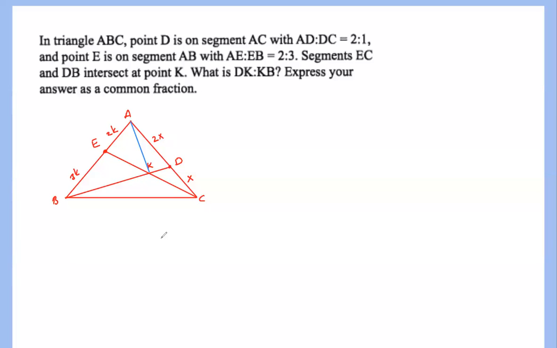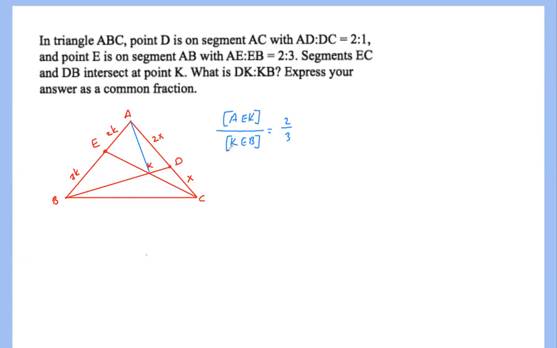So let me go ahead and write in some ratios. If I take the area of AEK divided by the area of KEB, this ratio is equal to 2 over 3.